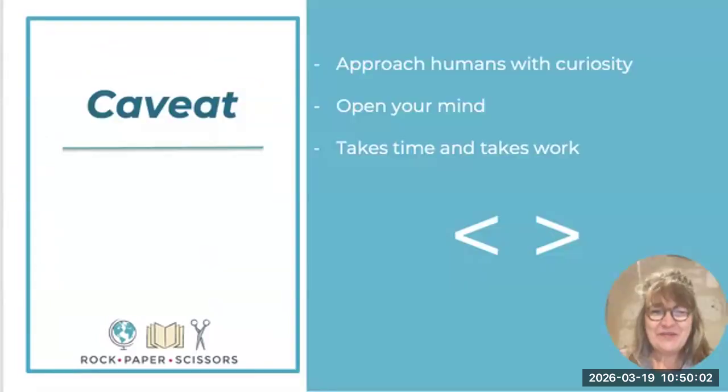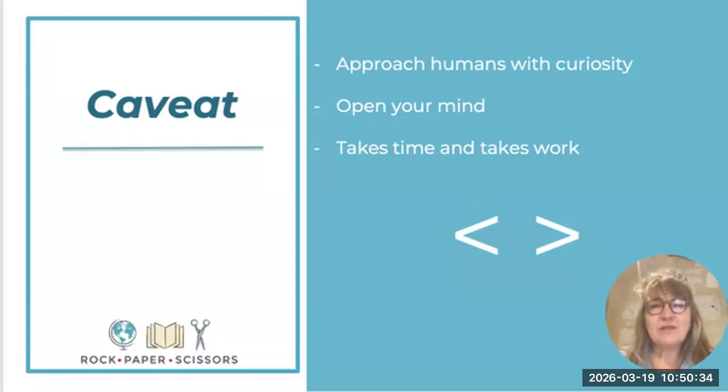Okay, so before we jump into these seven tools, I really want to stress a couple of really important caveats. One is approach humans with curiosity. There's a huge difference between approaching a team member and assuming malintent, assuming that they're just a horrible, awful, terrible, no good, very bad human being, and approaching with curiosity, right?